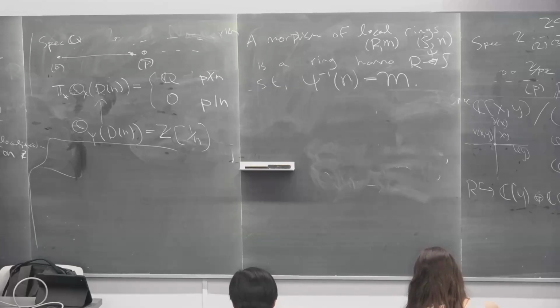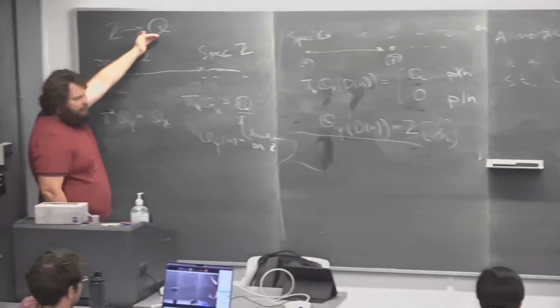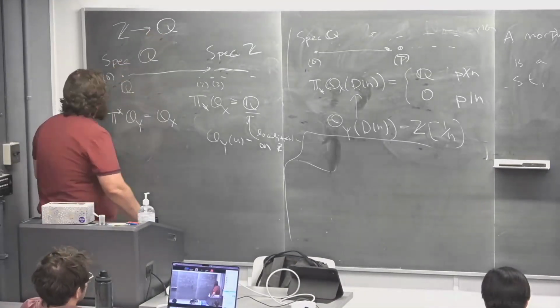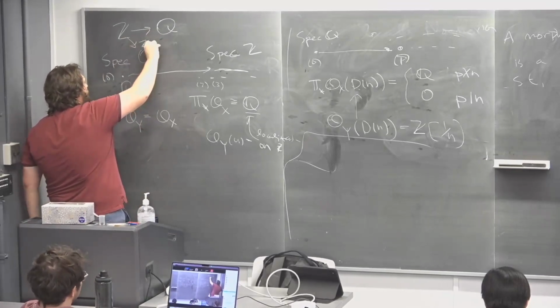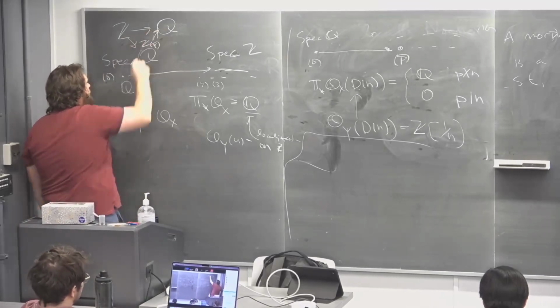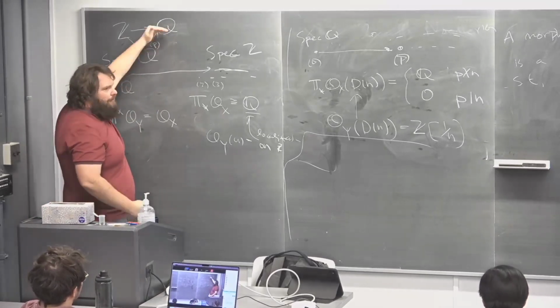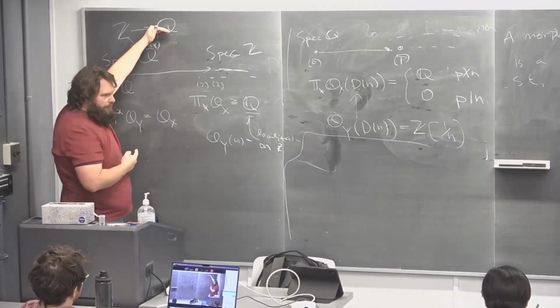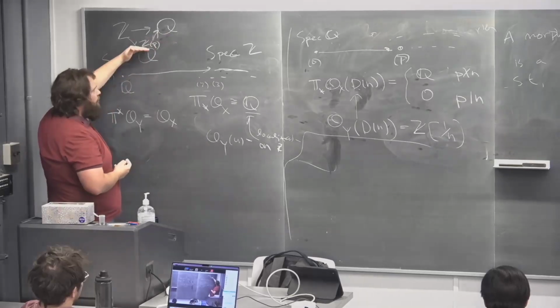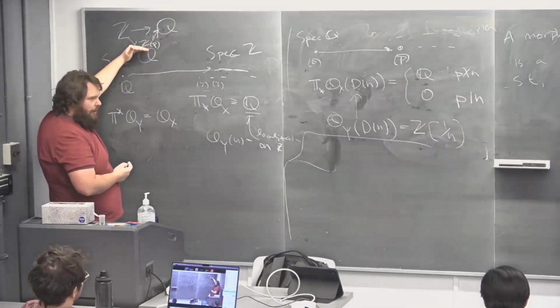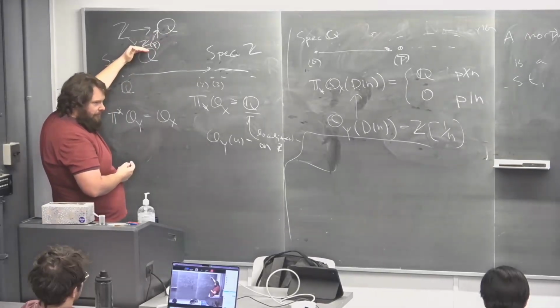So the sort of problem here is that Z mapping to Q factors through a map of local rings where I localize at some prime. This is a map between local rings, but it's not a morphism of local rings. The maximal ideal in here has pre-image here, which is a smaller prime ideal. It's not the maximal ideal.